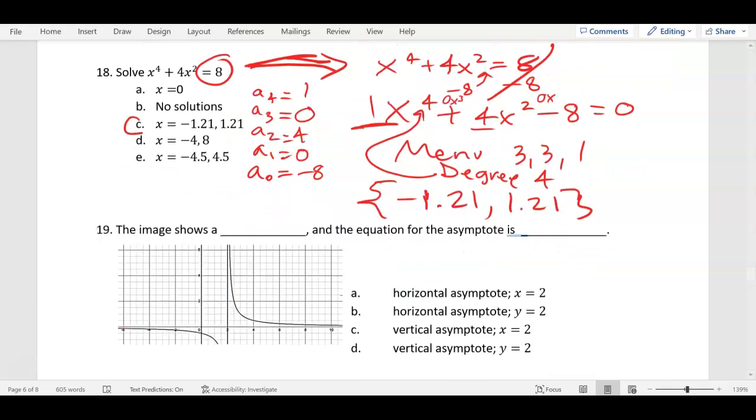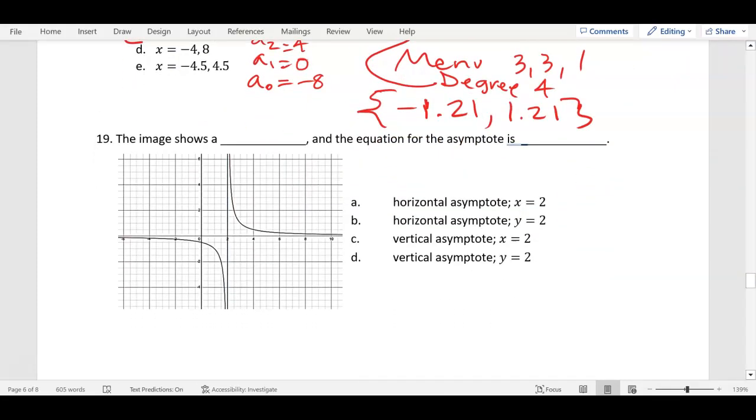All right. 19, this shows a blank, okay, and the equation for the asymptote is what? Now you can see that this is the line right here, right? Usually we see it as a dashed line. Now, first of all, that is up and down.